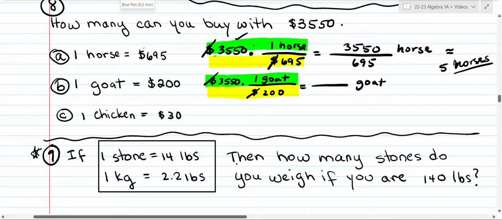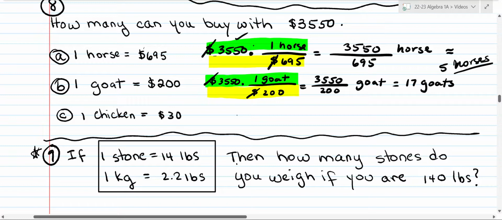This is just basic fractions from elementary school. 3550 is numerator, 200 is denominator, and then we grab the calculator, and you get 17.75 goats, which is impossible, so 17 goats. All right, because we can't really buy 0.75 goats alive. I guess you could if the poor little goat was missing legs, I guess, but that's kind of grim to think about.